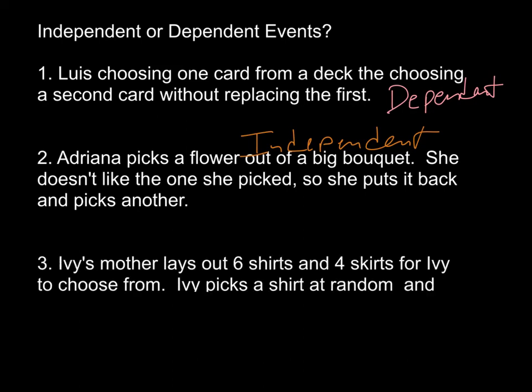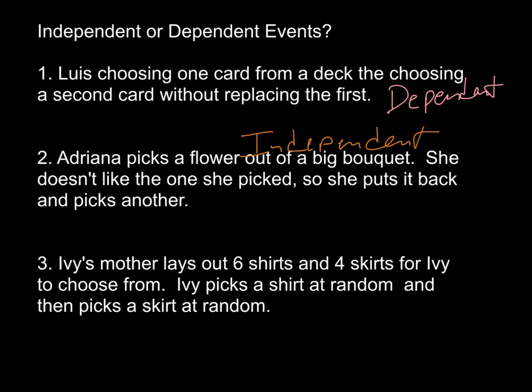For our final example, we've got Ivy's mom laying out her clothes for her. She lays out 6 shirts, 4 skirts. Ivy gets to choose from them. She picks a shirt at random, picks a skirt at random. Unless you're worried about them matching, which we don't have any indication is the situation here, she's just randomly picking a shirt and then randomly picking a skirt.